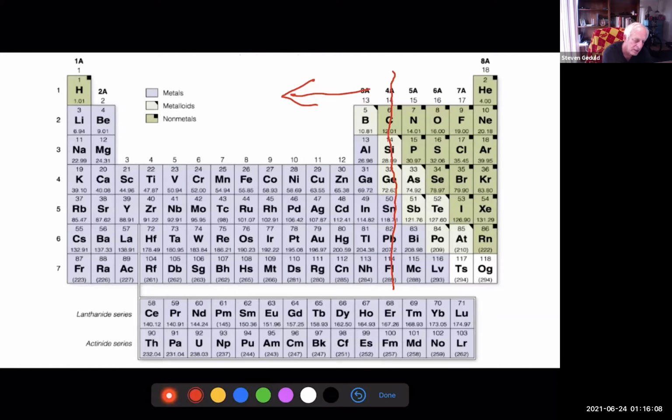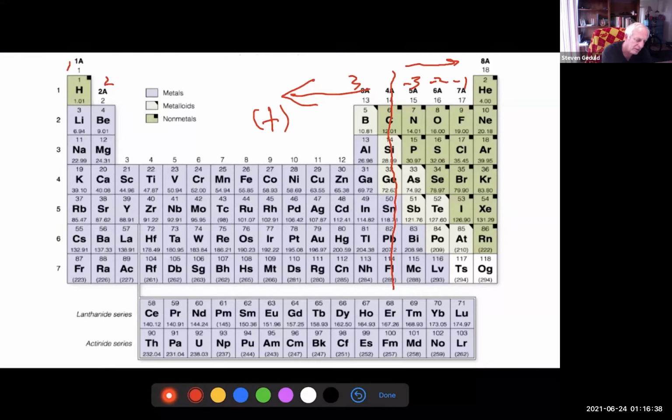This will lose 1, this will lose 2, this will lose 3 to give you a positive charge. Carbon is neutral, that gives you 8 valence electrons to the inner core. And going this way from carbon, this is going to be -3, -2, -1. They're going to gain electrons. Remember, electrons are a negative charge. So if you gain an electron, you're increasing the amount of negative charge.